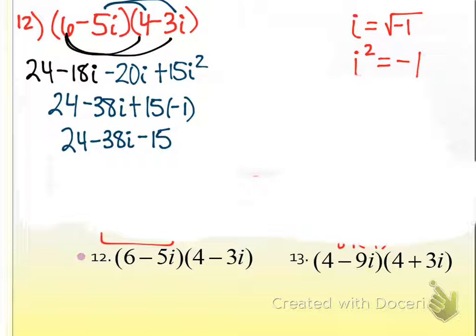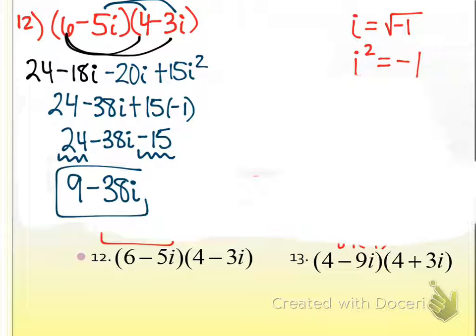We've got one more step. Can anybody see what the last step's going to be? Good. Combine the 24 with the negative 15. What does that give me? 9. That gives me 9 minus 38i.